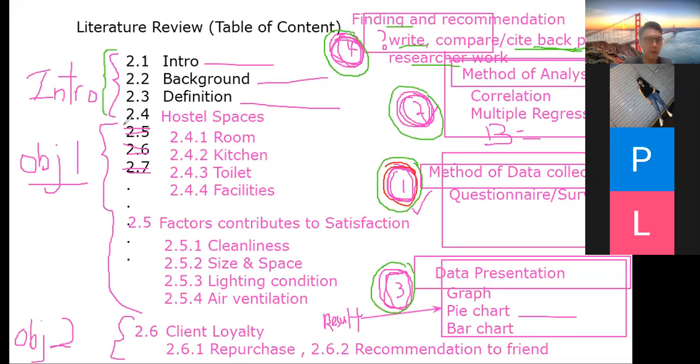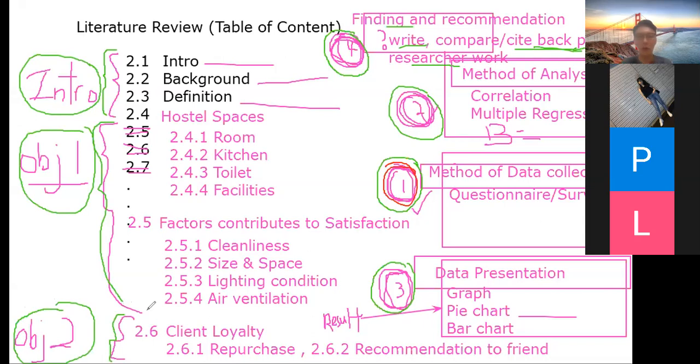Table of contents for your literature review: intro, first part, info related to your objective 1, second part, info related to your objective 2, third part, right? So what I want you to do today is go back and prepare your literature review table of contents, like what I did here. List down your table of contents. Of course, make it clear, proper English words, not definition only.